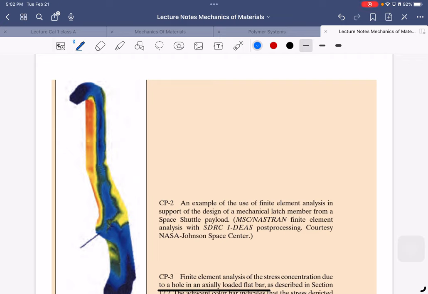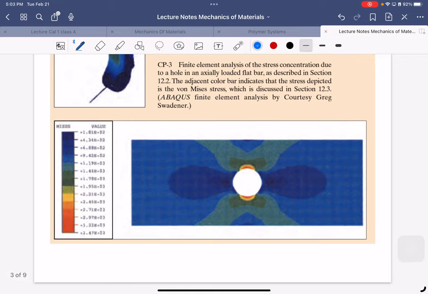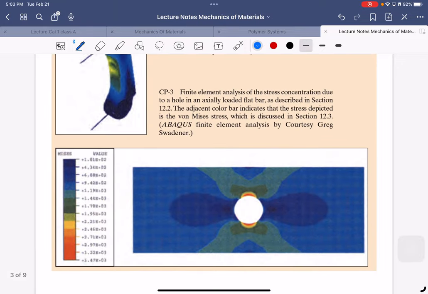Now, of course, because that's how it can hold some forces, right? And if you see the other picture here, this is an analysis of the stress concentration due to a hole here. And you see that here there is already a high concentration of stress. It's logical, right?